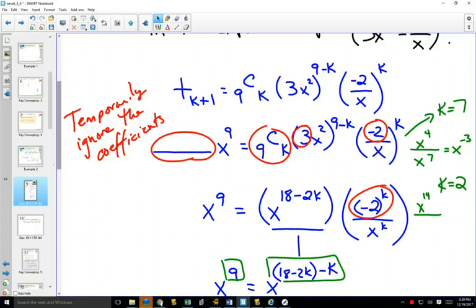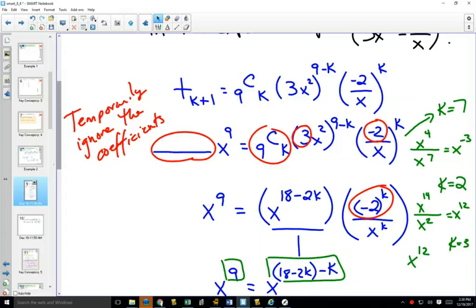How many x's would I have in my denominator? 2. That makes x to the 12. It's not equal to x to the 9. Now do I need a k value bigger or smaller? Bigger. And it won't take you very long with a little bit of mental math to figure out that k needs to be 3. And if k is 3, how many x's would I have on the top?